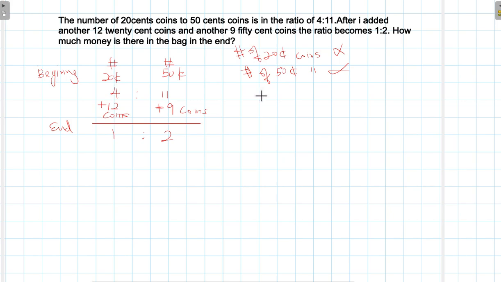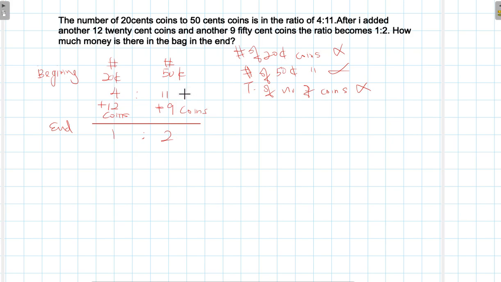And then I ask myself, will the total number of coins be the same? Definitely not, right? Because over here I add 12 and over here I add 9. So the end number of coins that I should have is higher than my beginning, right? So total number of coins is not the same. Then I ask, what about the difference between the 20-cent and the 50-cent coins?